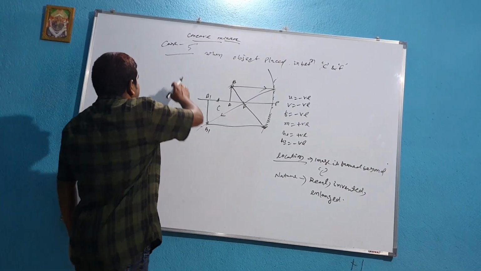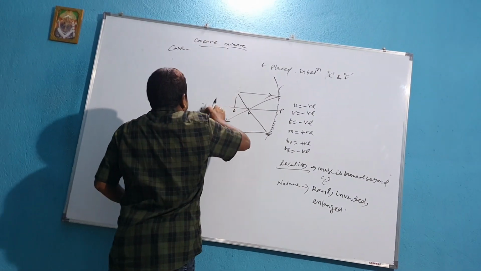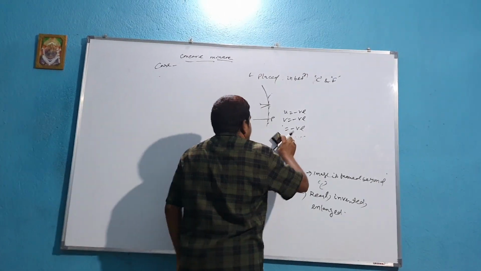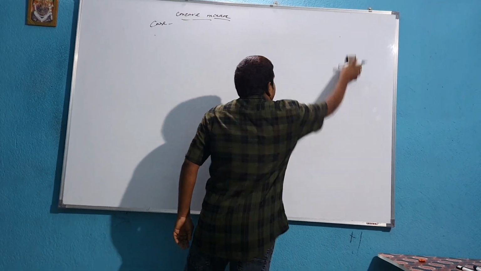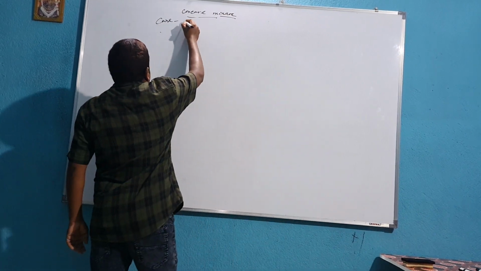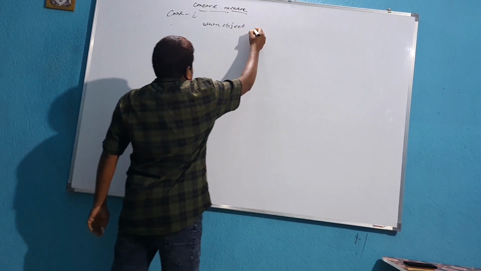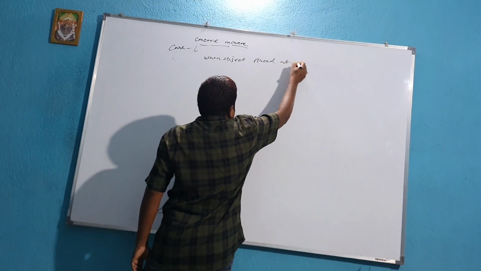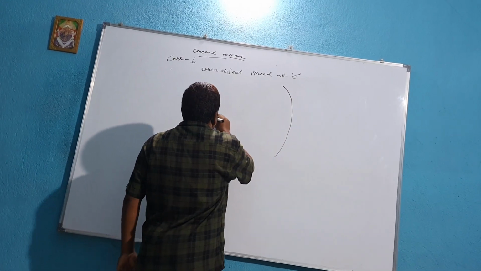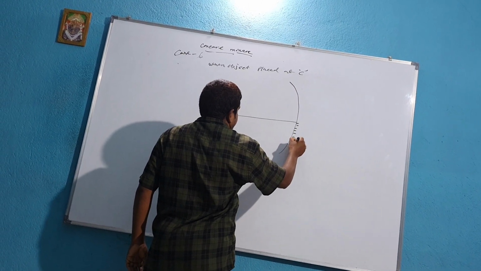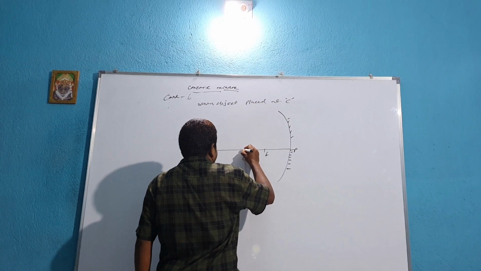Then comes case number 6. When object is placed at C. This is P, F, C. This is the object.